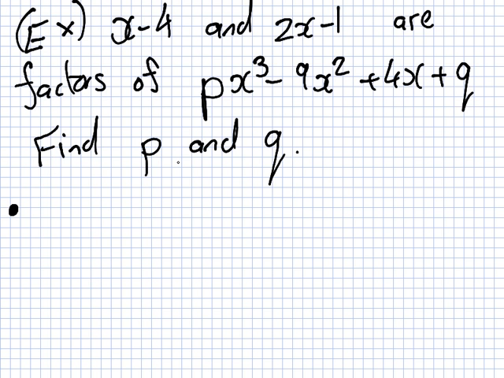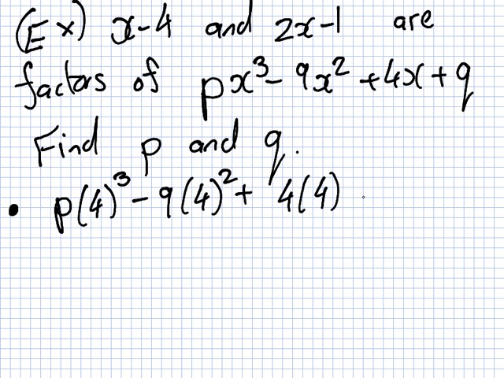Okay. Let's have a look at it now. So, firstly, if x minus 4 is a factor, then the remainder is 0. So when I use x is 4, I should get 0. So when I use x is 4, p times 4 cubed minus 9 times 4 squared plus 4 times 4 plus q, that should be 0.